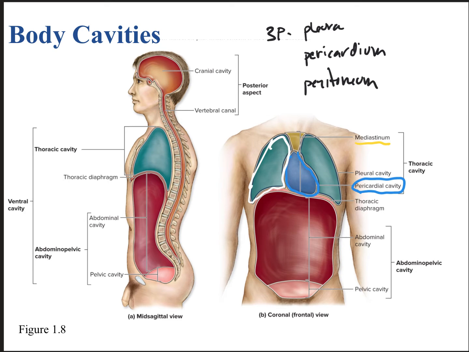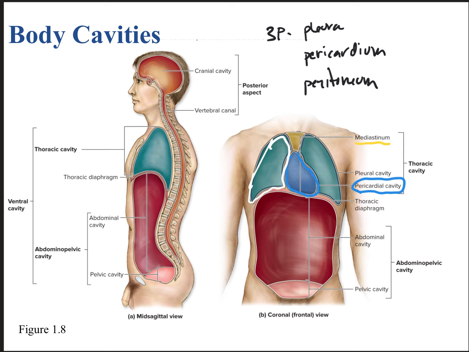Okay? When we've talked about the thoracic cavity so far and the abdominal pelvic cavity, we said that there's what types of serous membranes? It's either the one on the wall, which is called parietal, or the one on the organ, which is called visceral. Okay. Now the next step is we can further classify that into where it is.